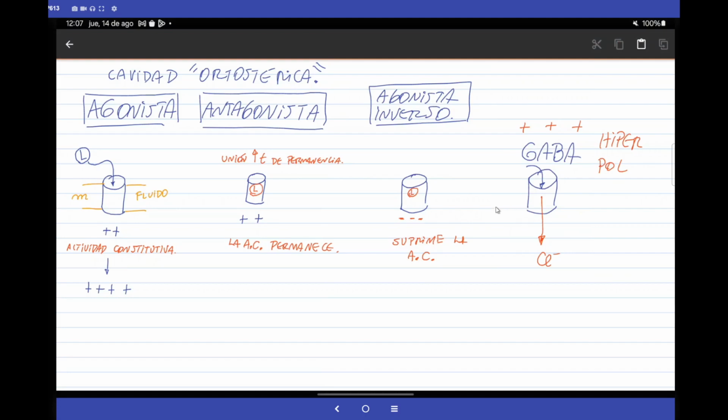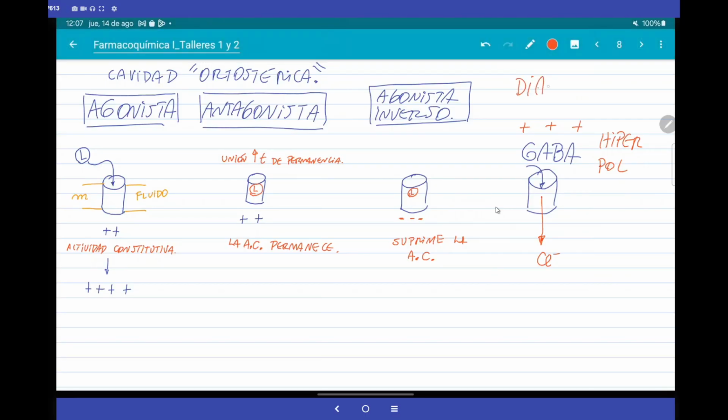That is what is done with people who are drugged, or who sometimes try to commit suicide with diazepam and all these molecules, the benzodiazepines. They do the same as GABA, they make chlorine enter, and that is why the person falls asleep. And when someone is drugged with this or tries to commit suicide, what is injected is a GABAergic antagonist, so that more chlorine does not enter.